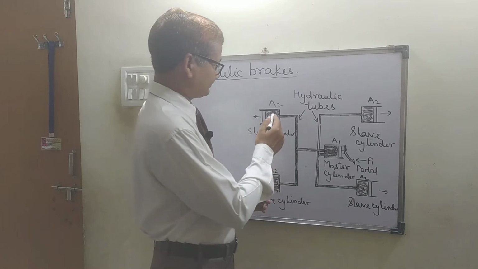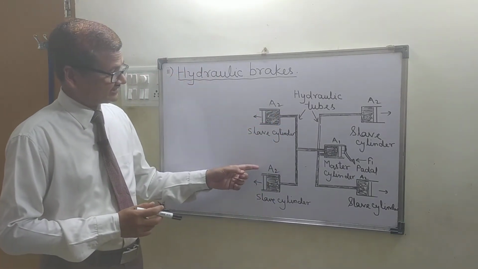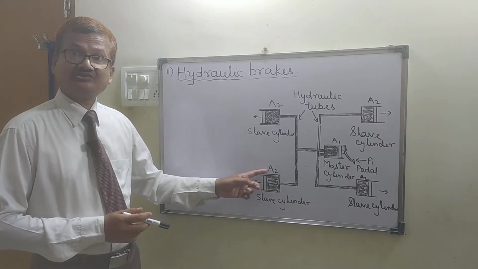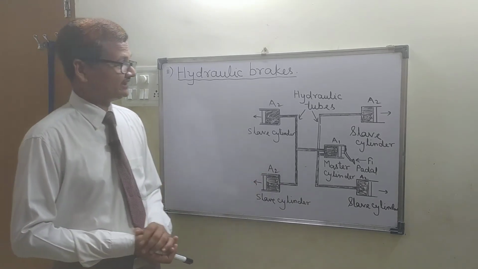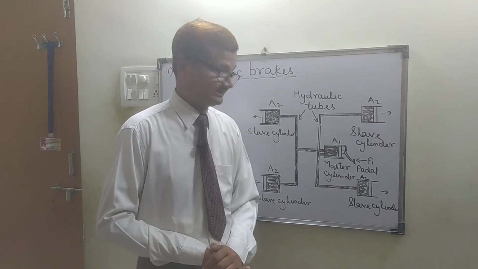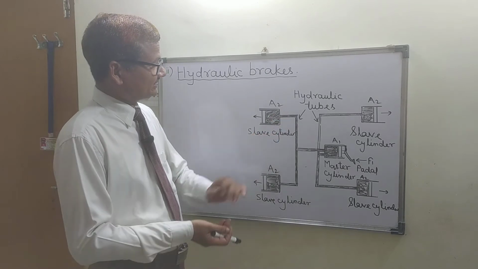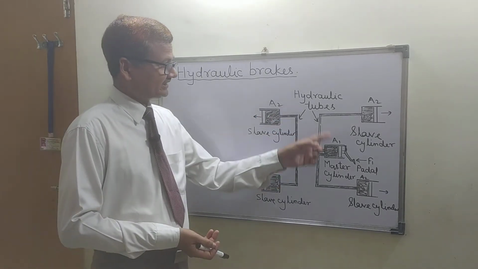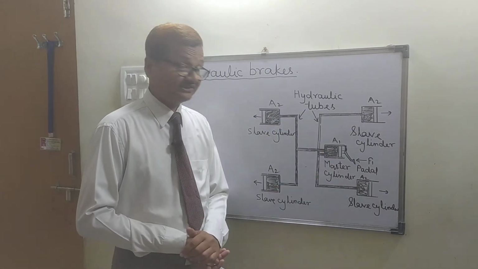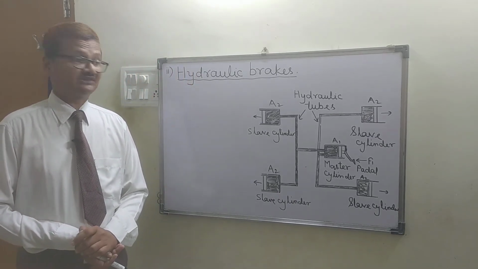Now you can observe here that the area of cross section of the slave cylinders, A2, is much greater than the area of cross section of the master cylinder on which the brakes are applied. And there is a fluid inside all the cylinders, and that fluid is incompressible.